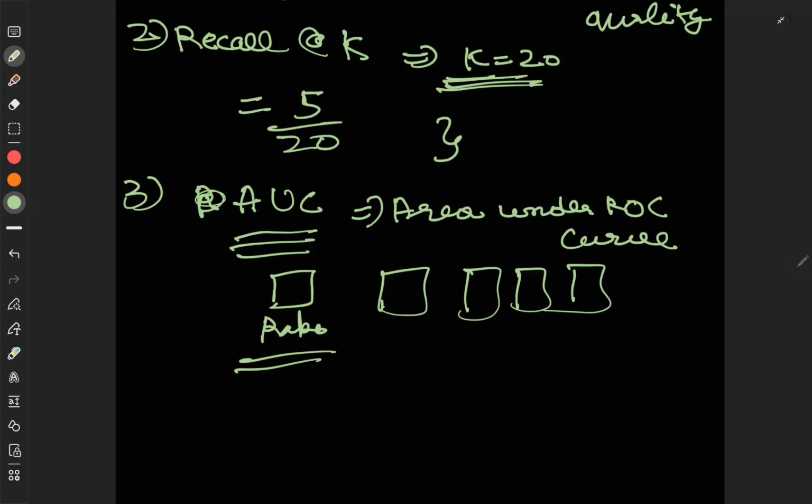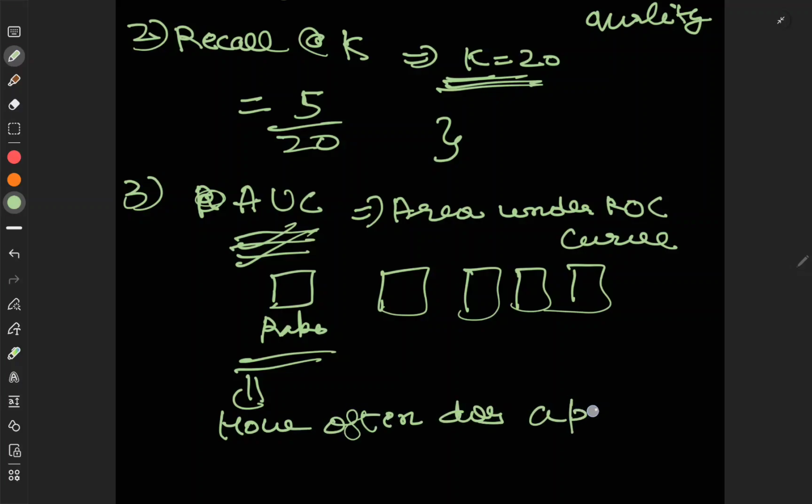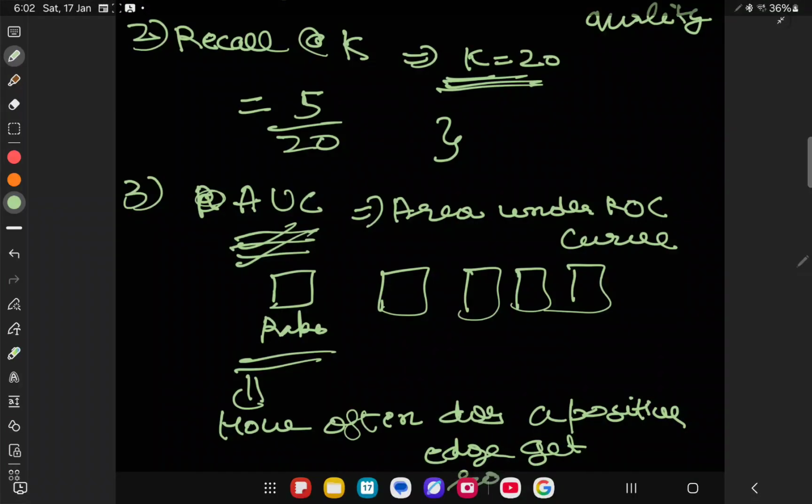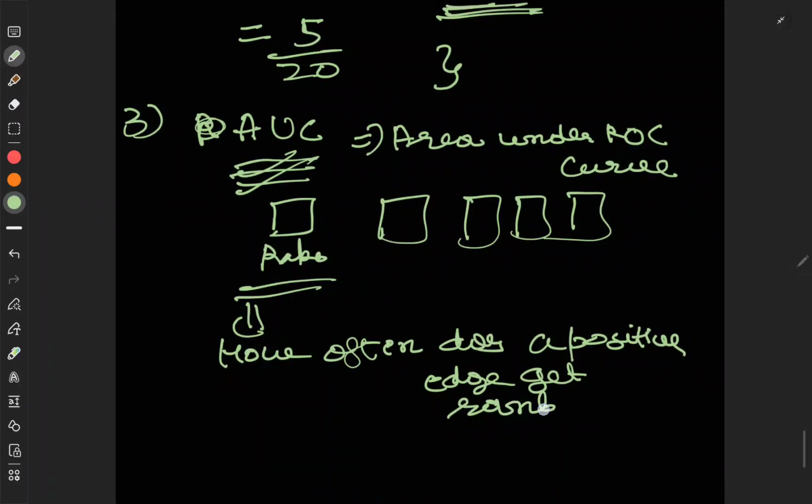It should not be the opposite. So how do we measure this AUC? The simple thing is: how often does a positive edge get ranked higher than a negative one? Let me give you a very simple example.